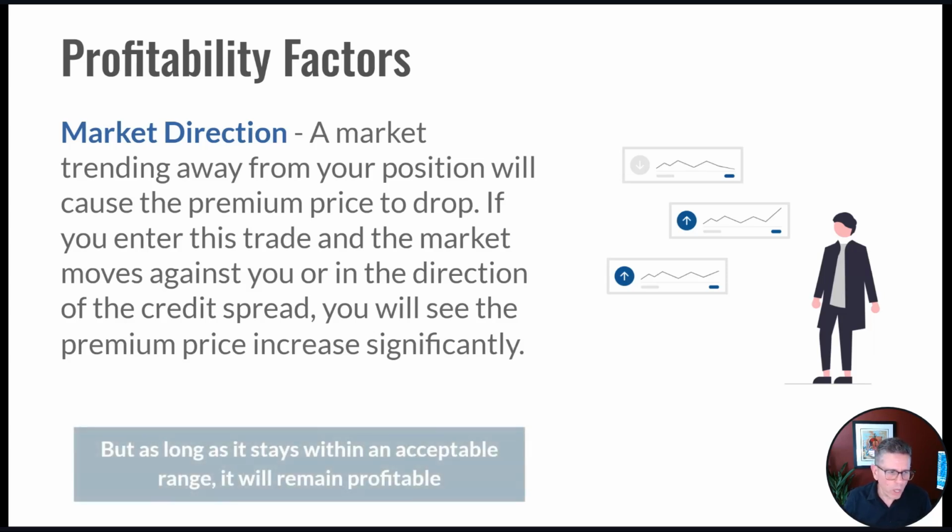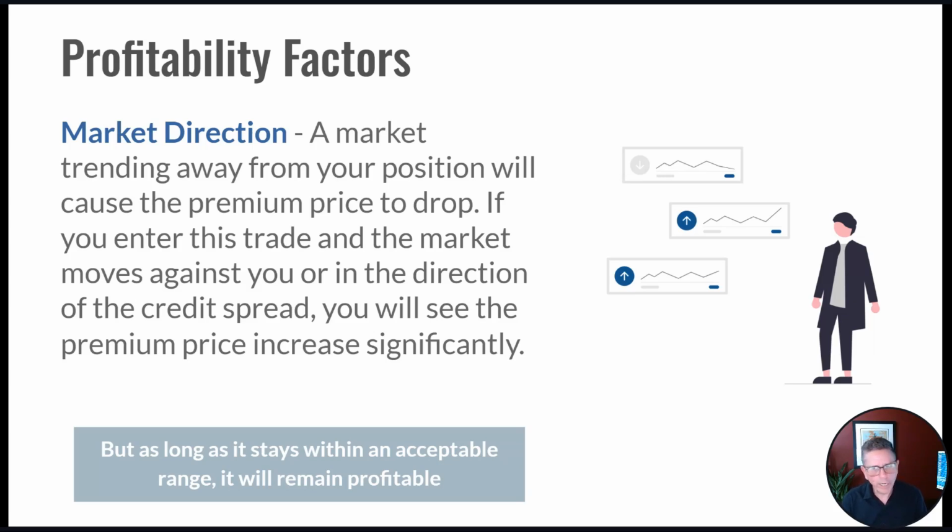Okay, and again, as long as the position is within an acceptable range. For example, today I put on a call spread, 56.10, 56.20, and I received a premium of 55, and then I also put on a 55.50, 55.40 put at 55 as well.